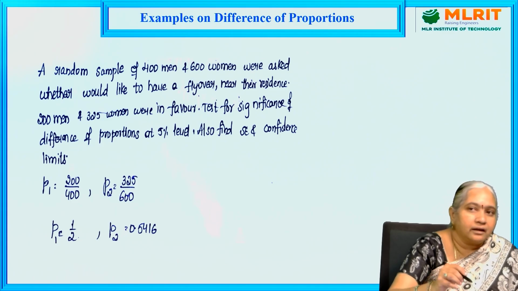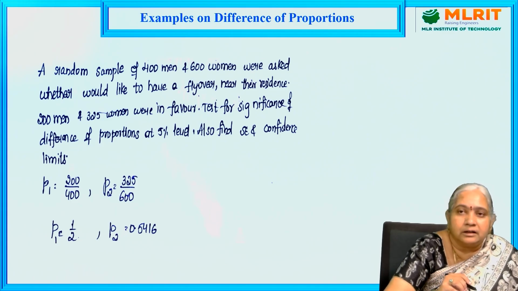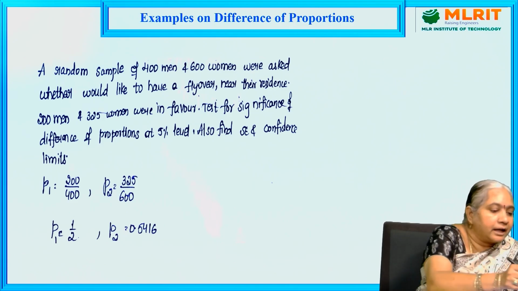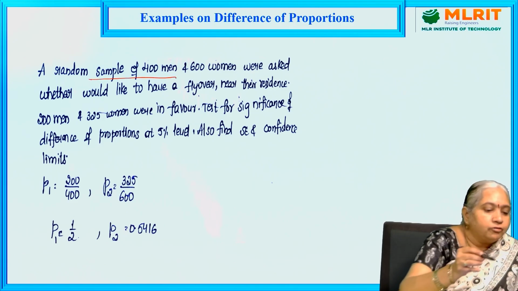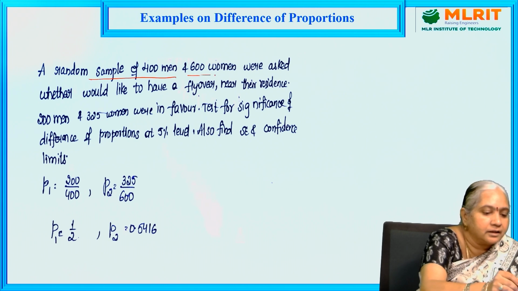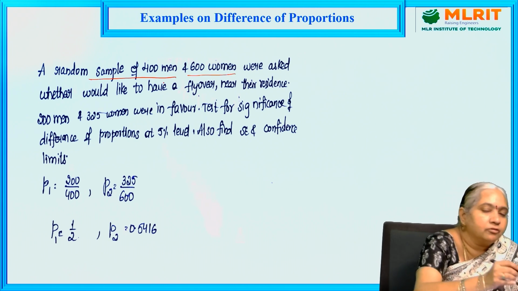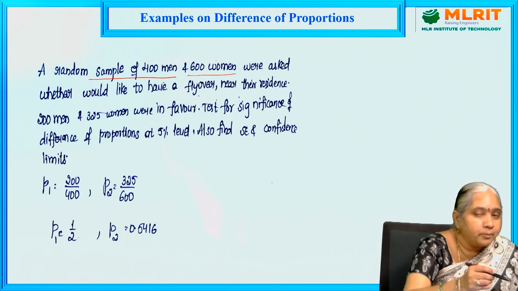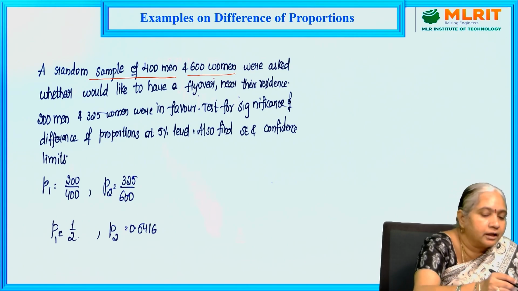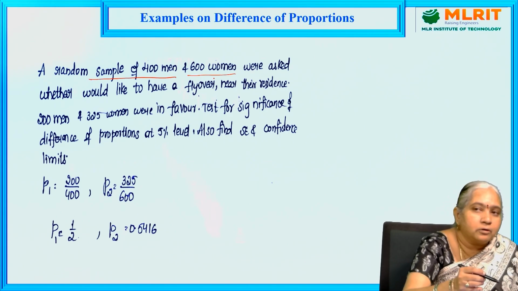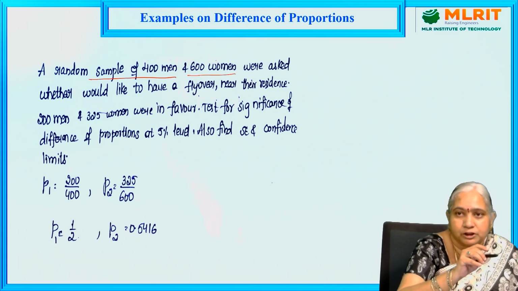First, always write the data in mathematical notation. What is the data given? A random sample of 400 men and 600 women. From the men population they have taken 400 men, and from the women population 600 women. So the men population is the first population and the women population is the second.